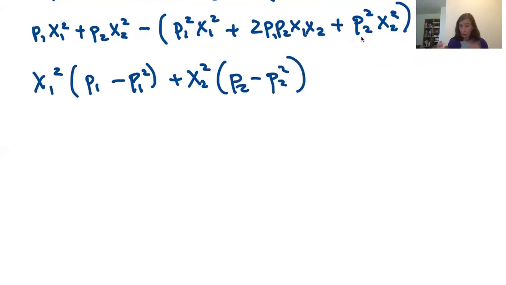And then the final term, I don't have anything to combine it with, so we'll just recopy that. Again, remembering that we're subtracting off every term in parentheses, so it gets a negative sign too. So minus 2 p1 p2 x1 x2, and we're still wondering when that equals 0.